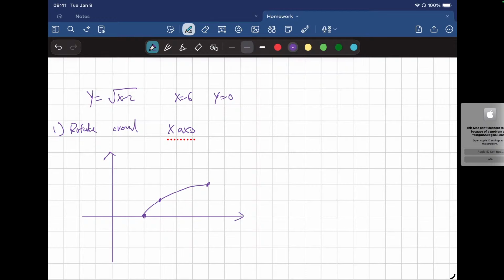And then x equals 6 is right here, and y equals 0. Now, I'm going to show you how to draw the axis rotation mark. This is very important. Now, I want you to go back here.